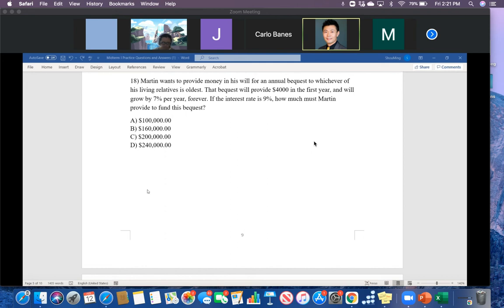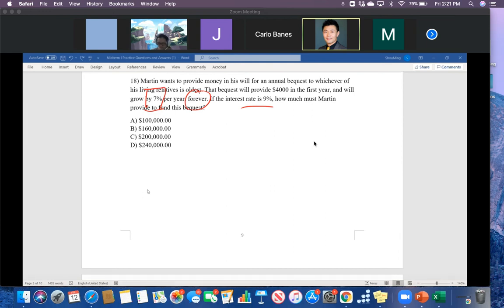So whenever you read the word forever, you should immediately connect this question with perpetuity. And also, since this cash flow is growing by 7%, you should immediately connect this question to growing perpetuity. Given the interest rate equal to 9%, we want to calculate the present value for this cash flow.